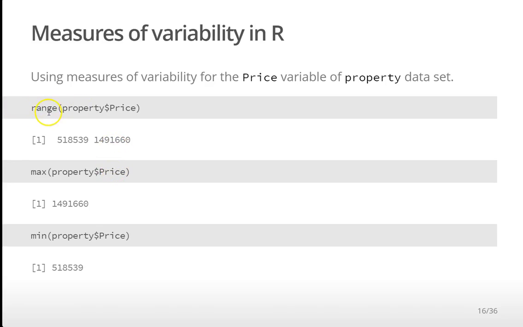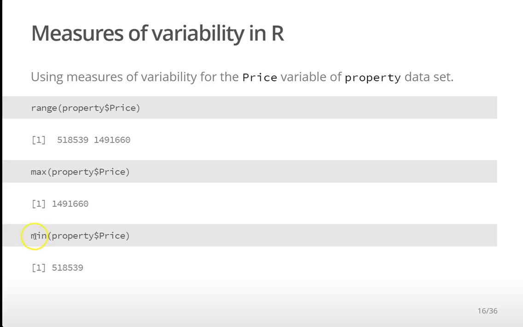Instead of using this range function, I can use two similar functions. The first one is called max. Again, I'm going to tell R I need max of what? The price column from the property data set, and it is telling me the maximum is this much.